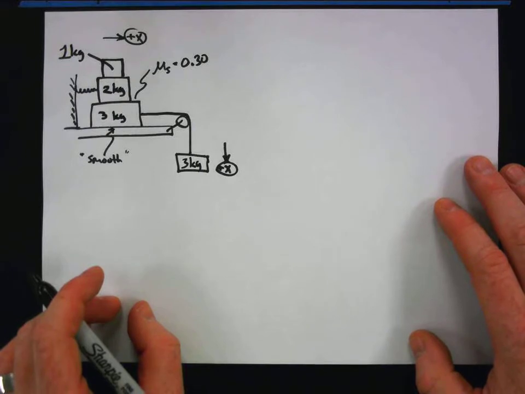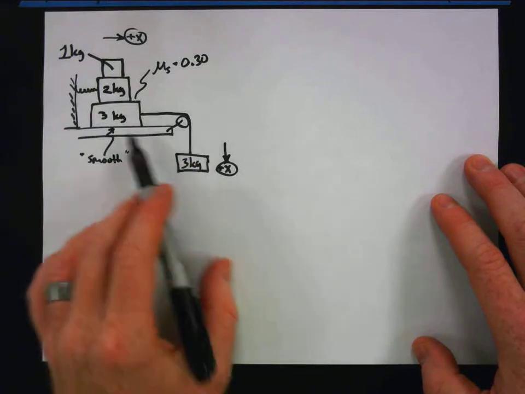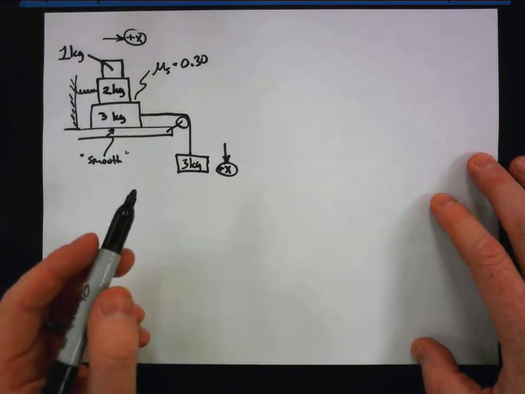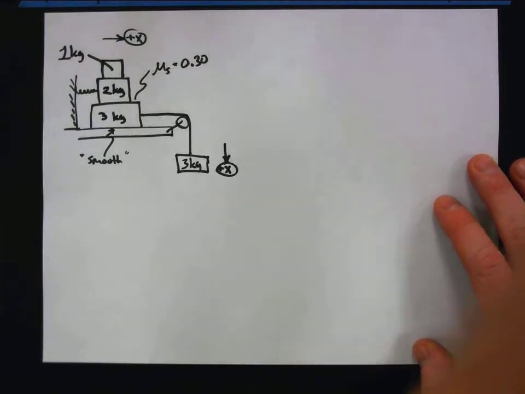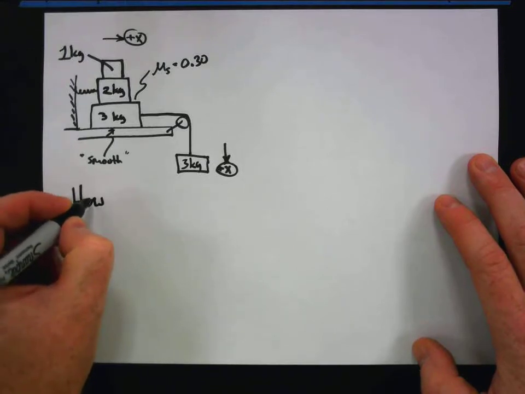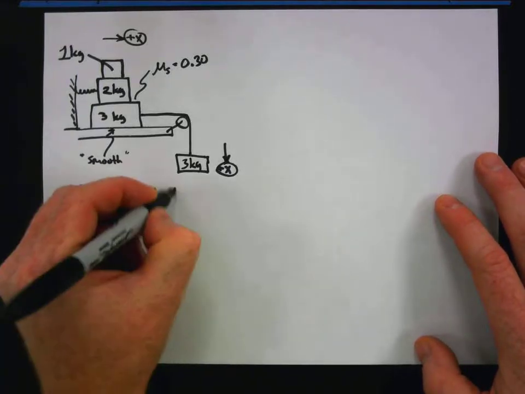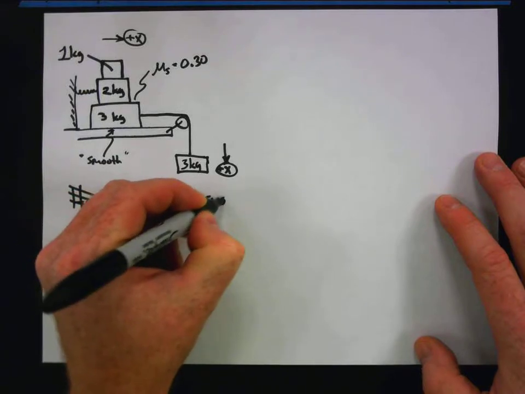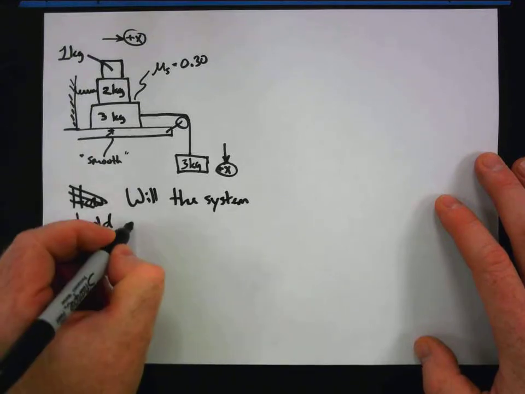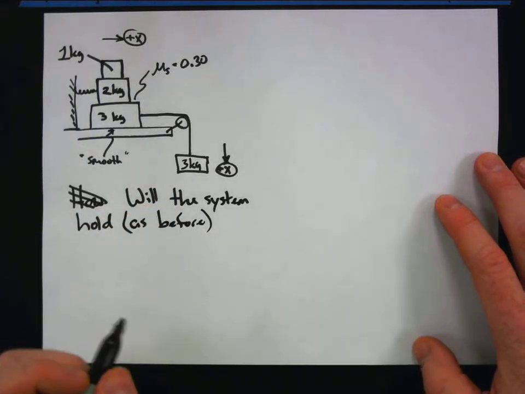Okay. Again, we're going to ask ourselves, well, when the system is released, the spring will stretch and it's going to reach a new equilibrium. But the new question will be, will the system hold as before in equilibrium?